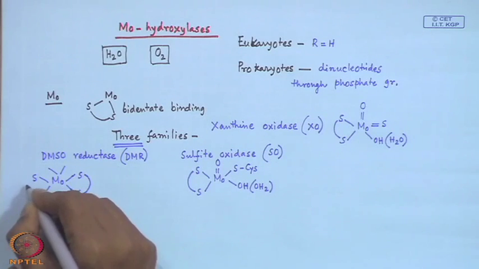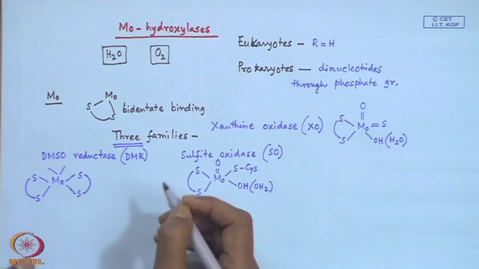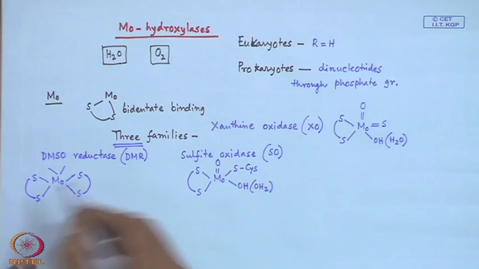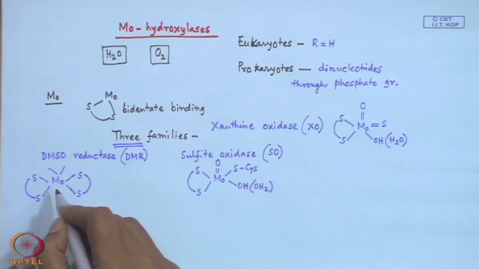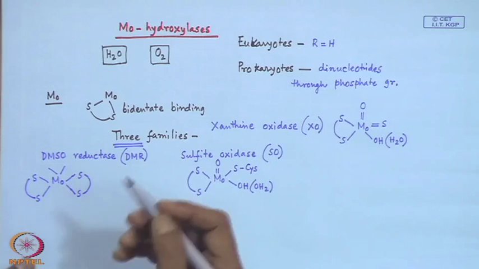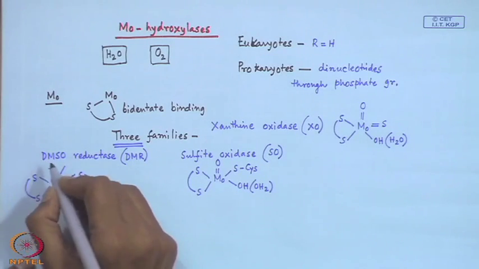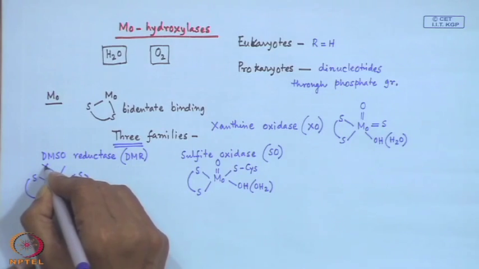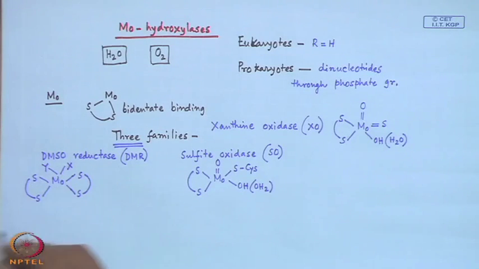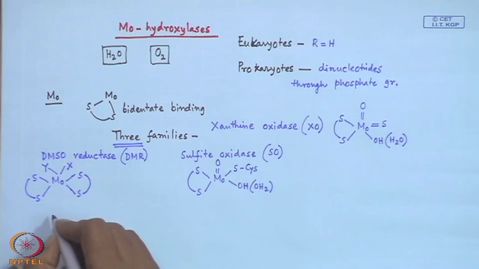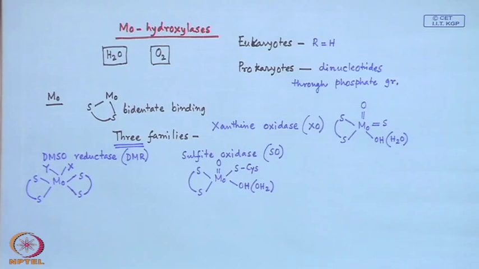So, it is like our acetylacetonate molecule. On both the 2 sides you have the sulfur-sulfur binding from that pterin unit, and you have Y and X. So, these groups are different. What are these X and Y functions?